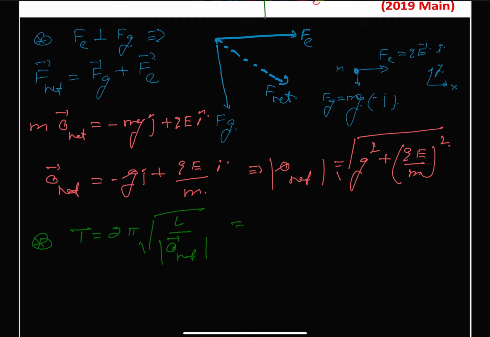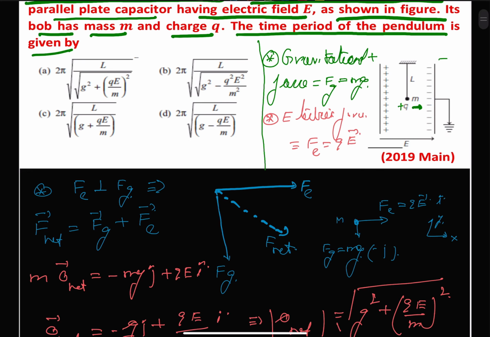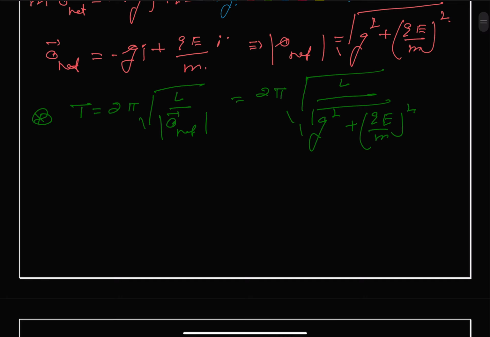We substitute it, we get this as 2 pi square root of L upon the square root of g squared plus (qE/m) whole squared. So we get option A is the correct one. Option A is correct.